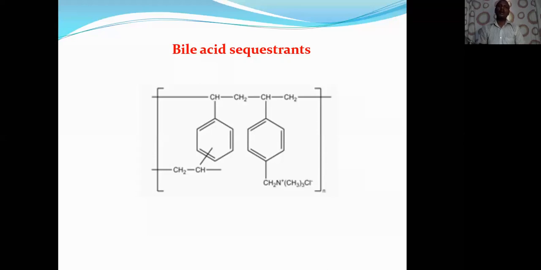Cholesterol is metabolized into bile acids, like cholic acid or taurocholic acid or lithocholic acid. Cholic acid is a bile acid, and it will be converted into bile salts also. So cholesterol will be converted into bile salts like lithocholic acid and taurocholic acid.